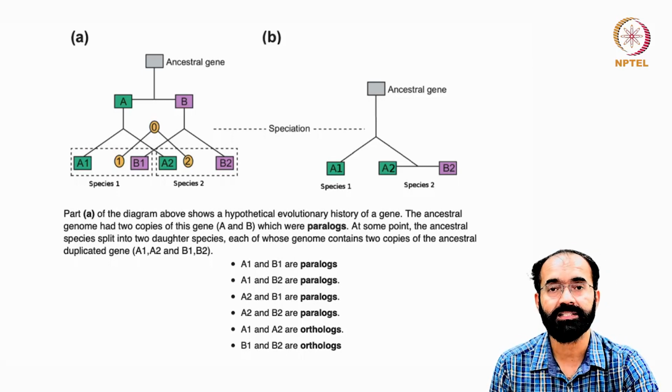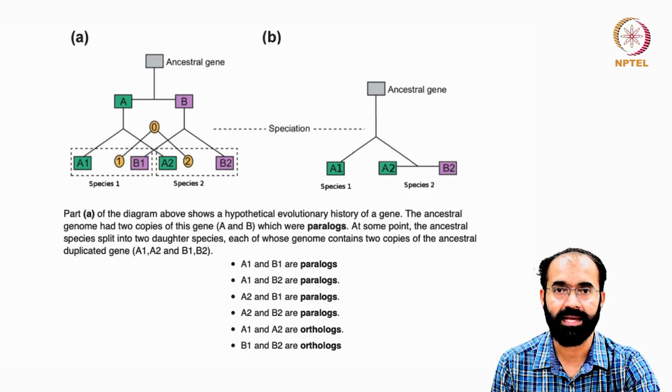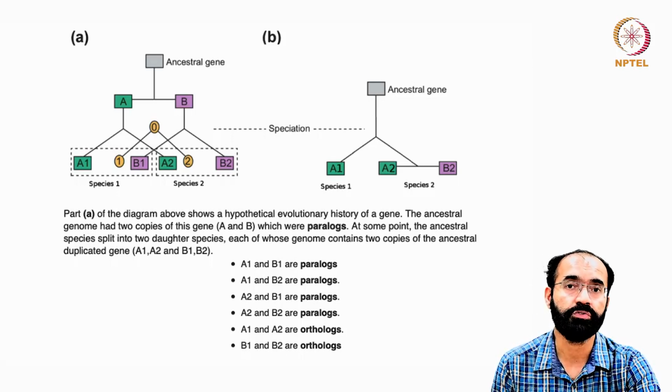Because while this is happening, one of them has to be the savior of the cell. That means it should be taking care of the actual functioning of that particular gene. Because of this recombination, it should not start losing the function.